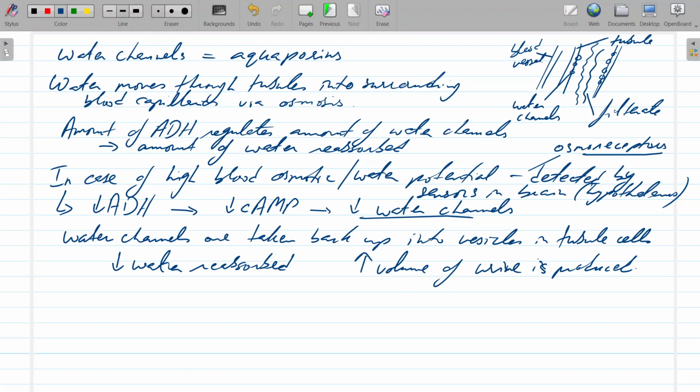So obviously it depends on your body's water requirement. If you're losing a lot of water due to heat and sweating or something else, then more water needs to be conserved in the body, and so more water will be reabsorbed. Concentrated urine, maybe it won't be formed as frequently, something we've probably experienced.